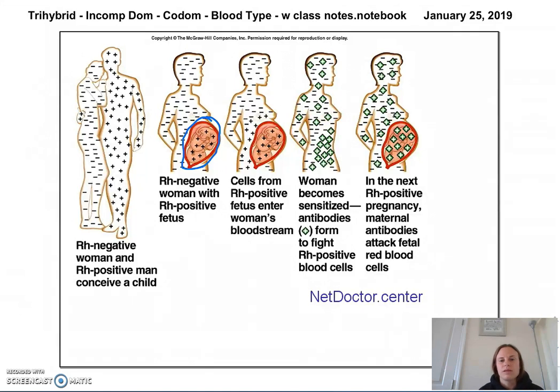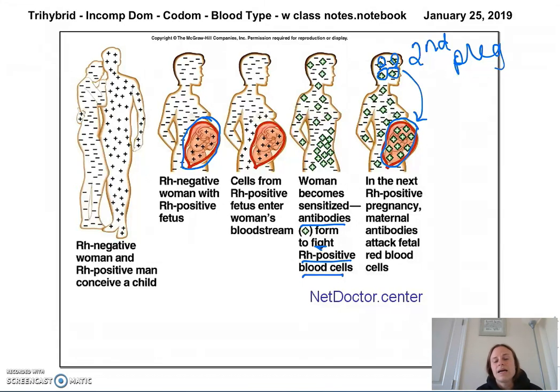When that happens, the mom starts producing antibodies that would fight Rh positive blood cells. So if during the second pregnancy that fetus is Rh positive, mom has these antibodies that are going to fight against that baby, and as a result, it can be fatal.